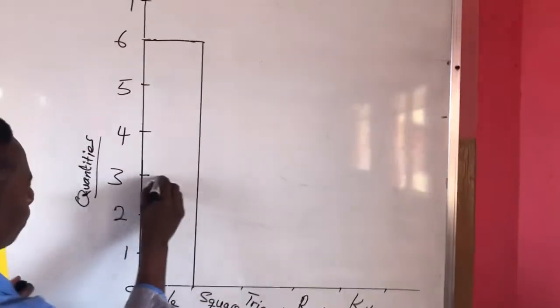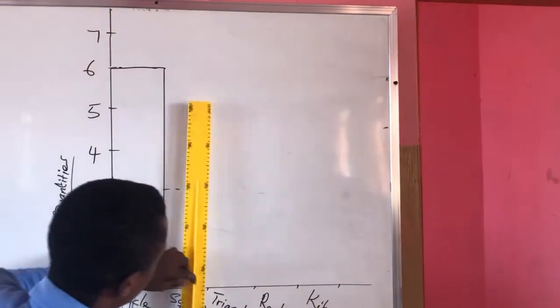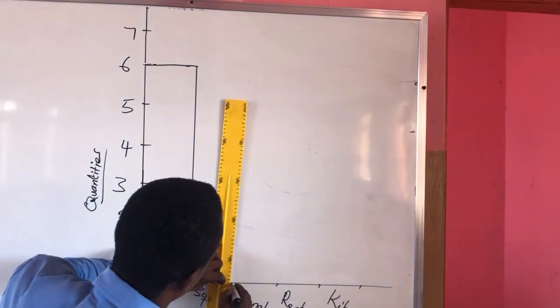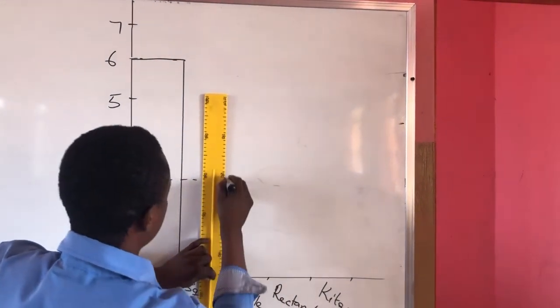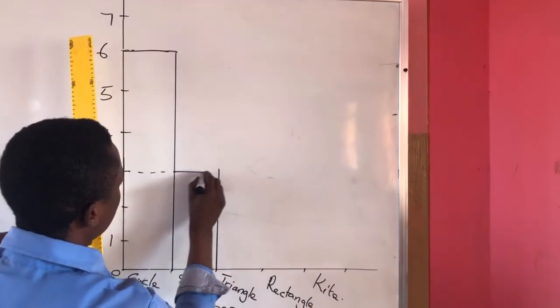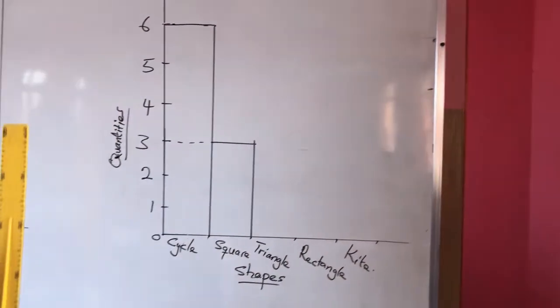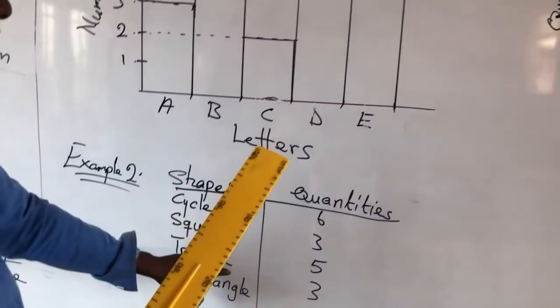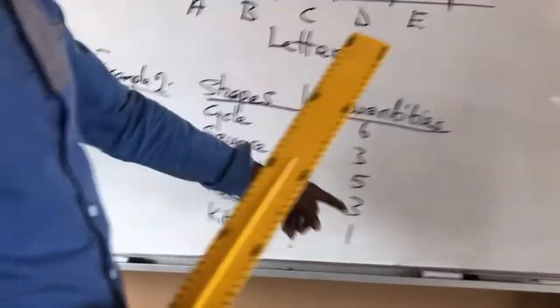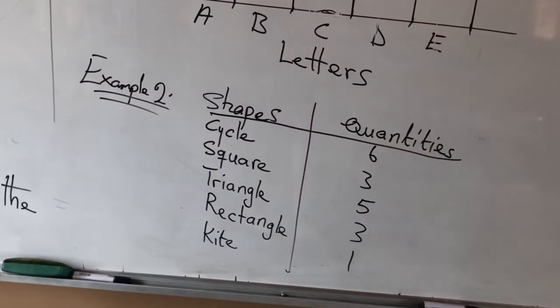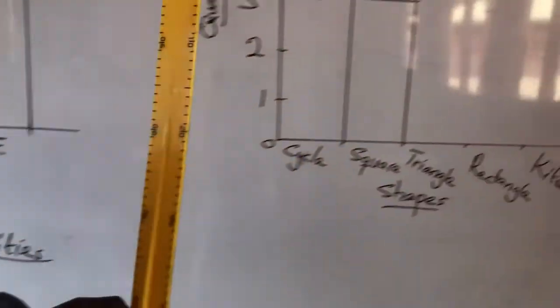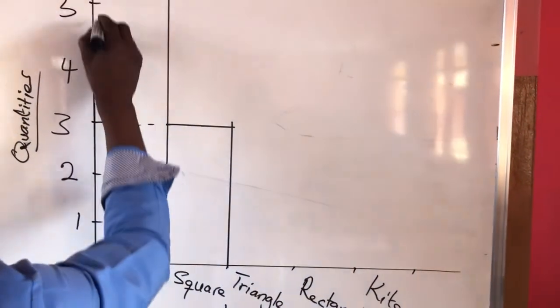This is square. So you draw. The next one is what? Triangle, which is 5. So trace your 5 here.